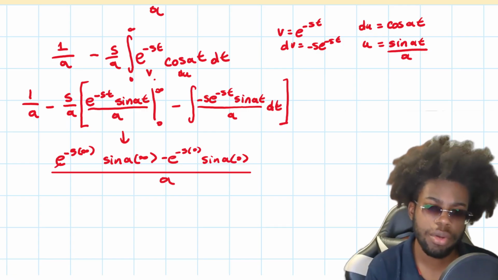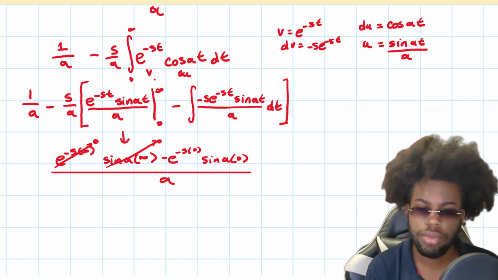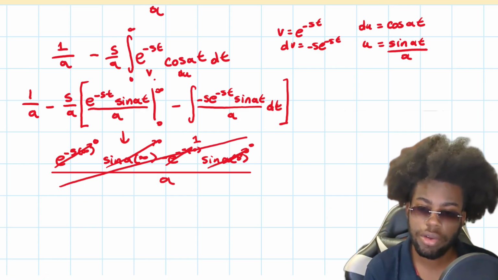We already spoke about this, that this goes to 0, which makes all of the term go to 0. And we know that this here goes to 1. Sine a0, though, goes to sine of 0, and sine of 0 is 0, which makes this entire expression go to 0.